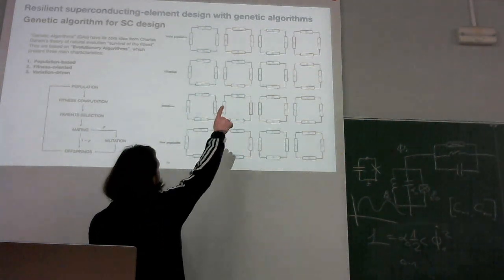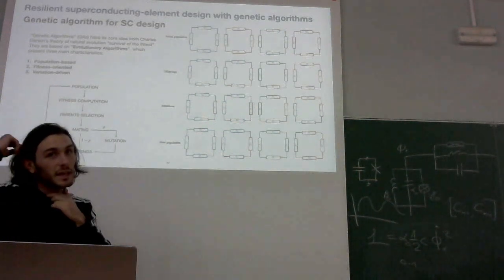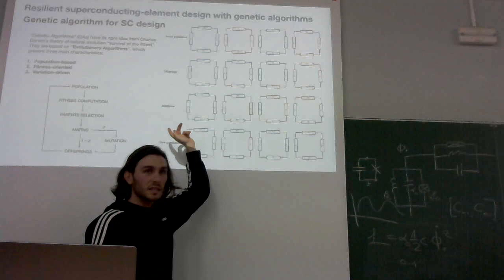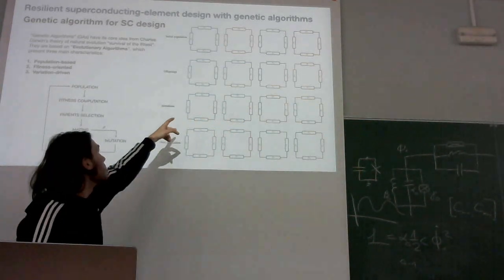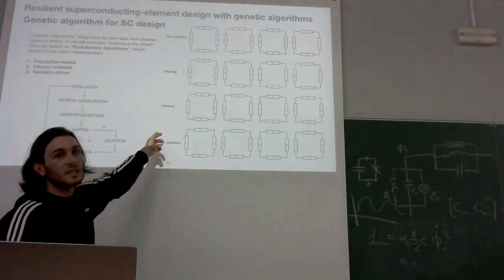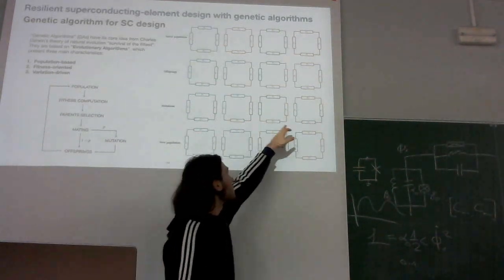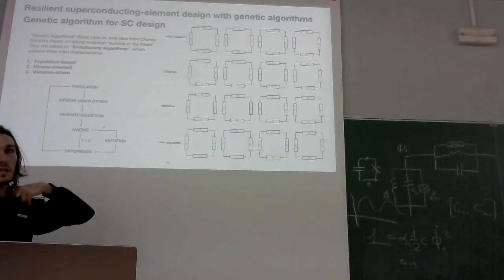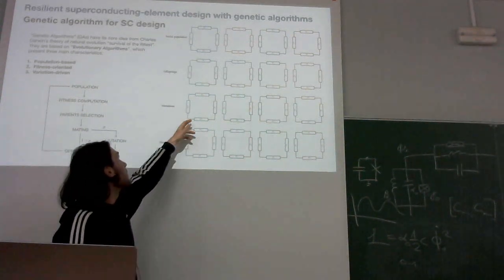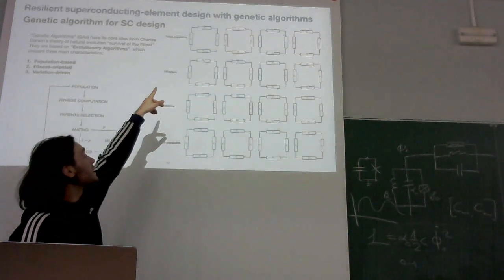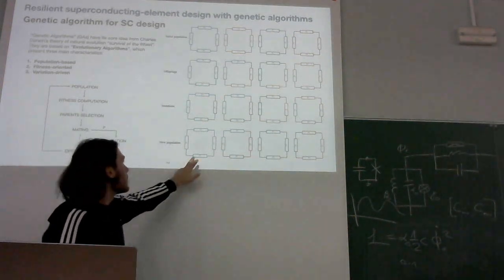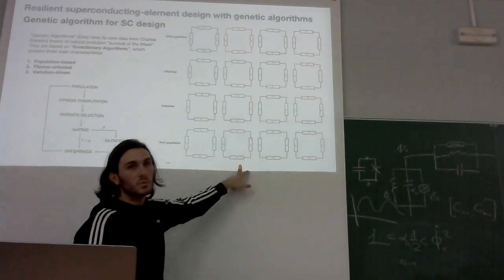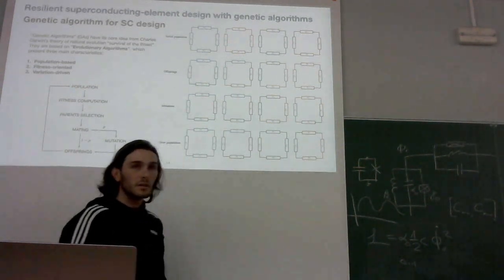Then they select the best ones and combine them to generate a set of offspring, a set of new solutions. Then they introduce with a certain probability certain mutations here, and then compute the fitness of these circuits, how good these circuits are, and build the new population with the best circuits of the initial population and the best circuits of the mutated generation.